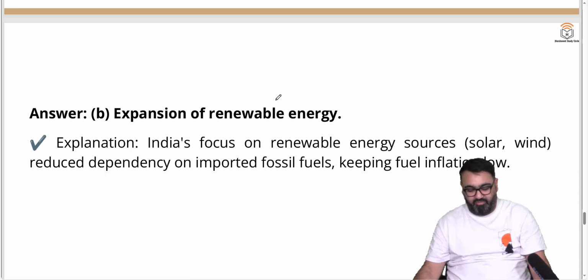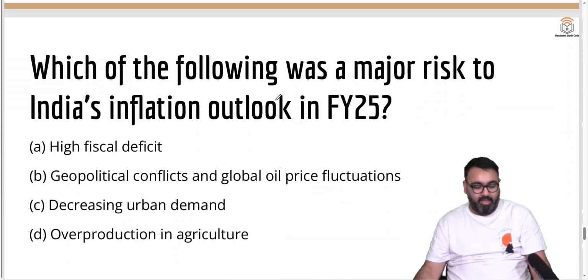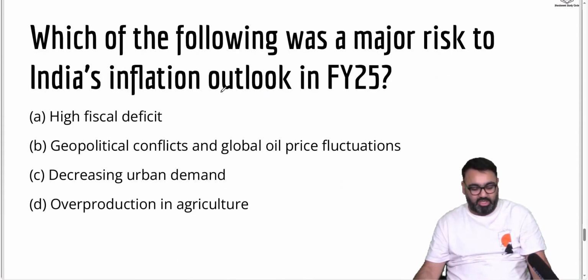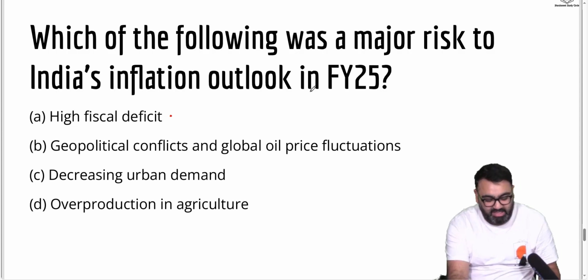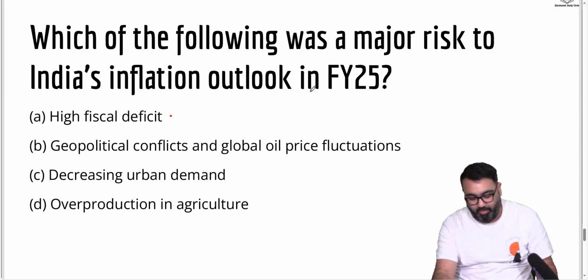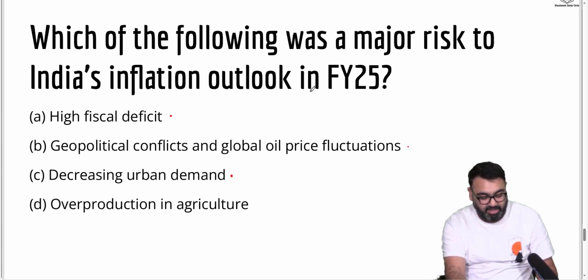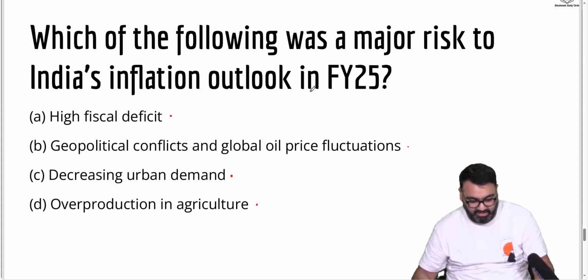I have one more question for you for this chapter. Which of the following was a major risk to India's inflation outlook in FY25? High fiscal deficit, geopolitical conflict and global oil price fluctuations, decreasing urban demand, overproduction in agriculture.